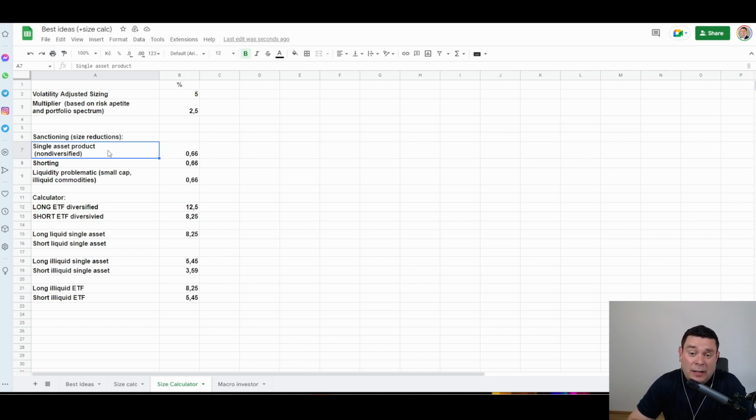Then you have non-diversified like Tesla, single stock, or single commodity like copper, or even some of these ETNs through which you trade volatility. So I'm punishing that and I'm reducing it by 1/3 just for not being diversified. So I multiply that number by 0.66.